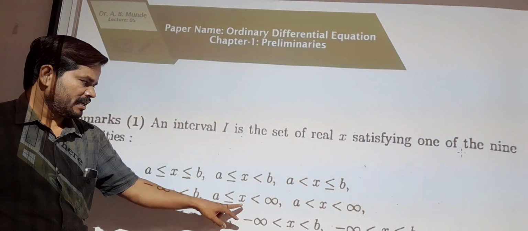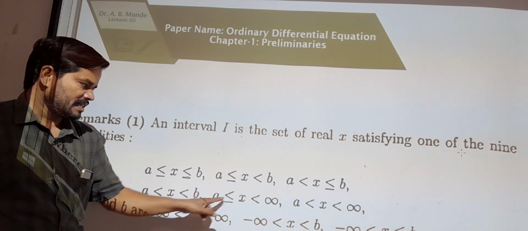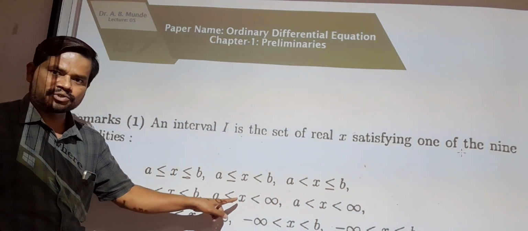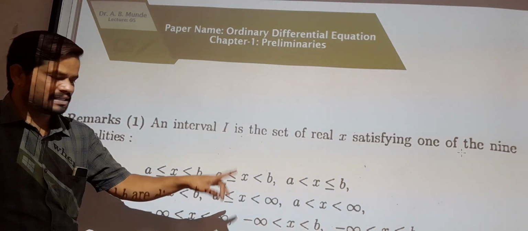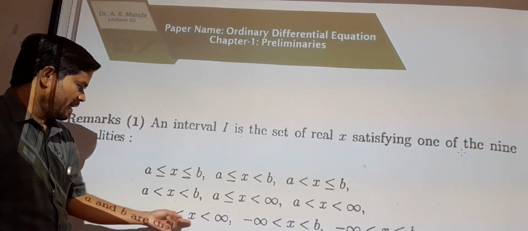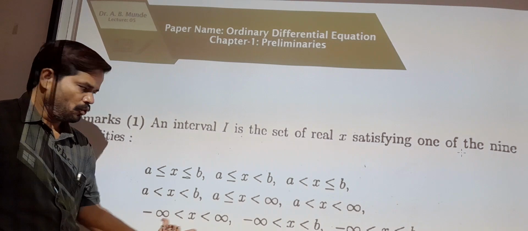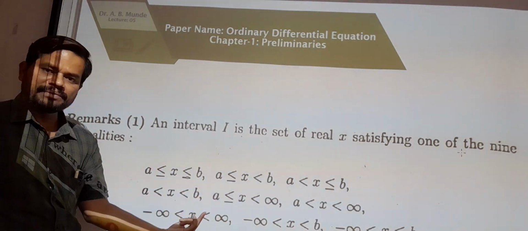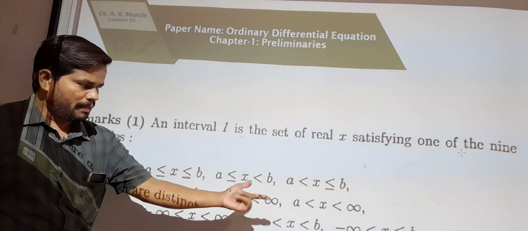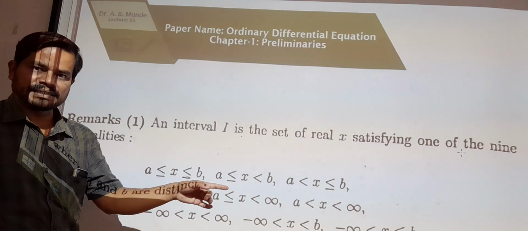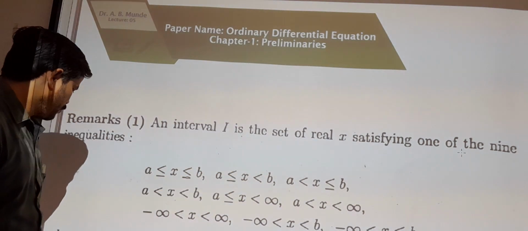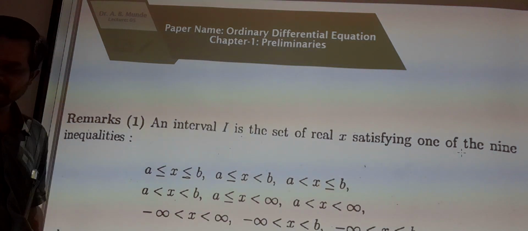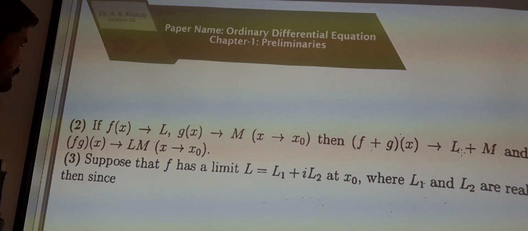This is a closed interval with infinity: x is between a less than or equal to x strictly less than infinity. Here a is strictly less than x strictly less than infinity. So x is between minus infinity and infinity. Here x is between minus infinity and b, and the last one is minus infinity less than x less than or equal to b, where a and b are distinct real numbers.